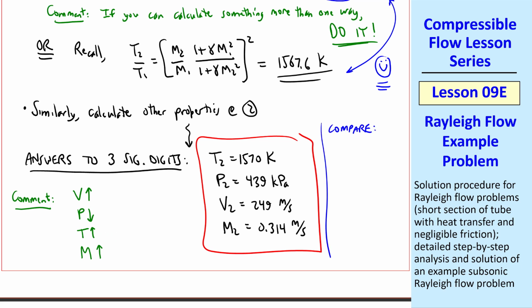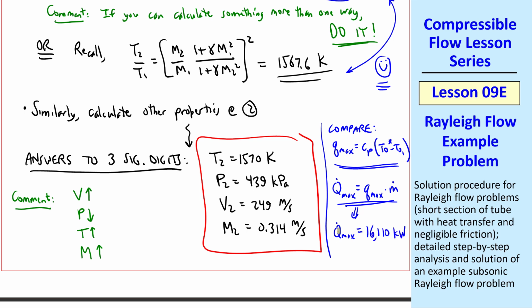Finally, let's look at the maximum possible heat transfer from our equation for q max, and recall from the definition of lowercase q that Q dot max is lowercase q max times m dot. These equations give us Q dot max equals 16,110 kilowatt.